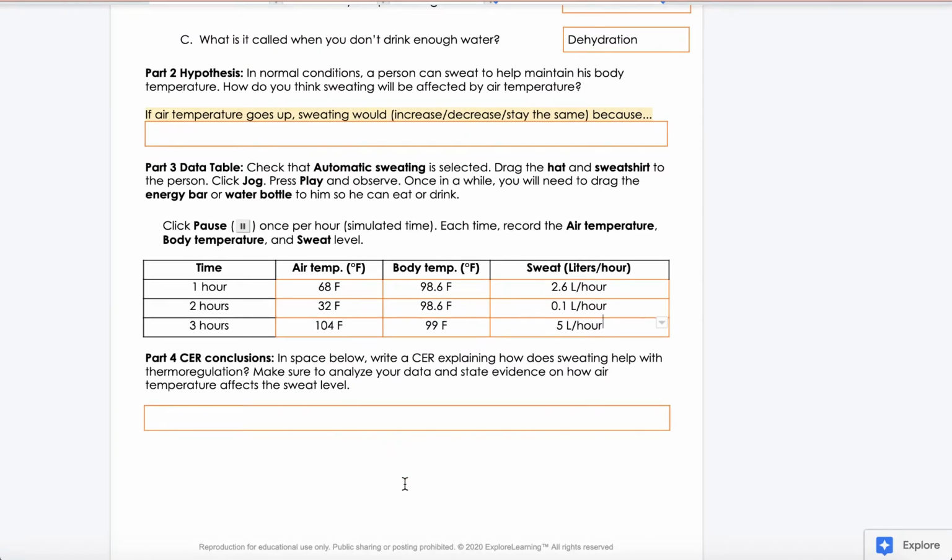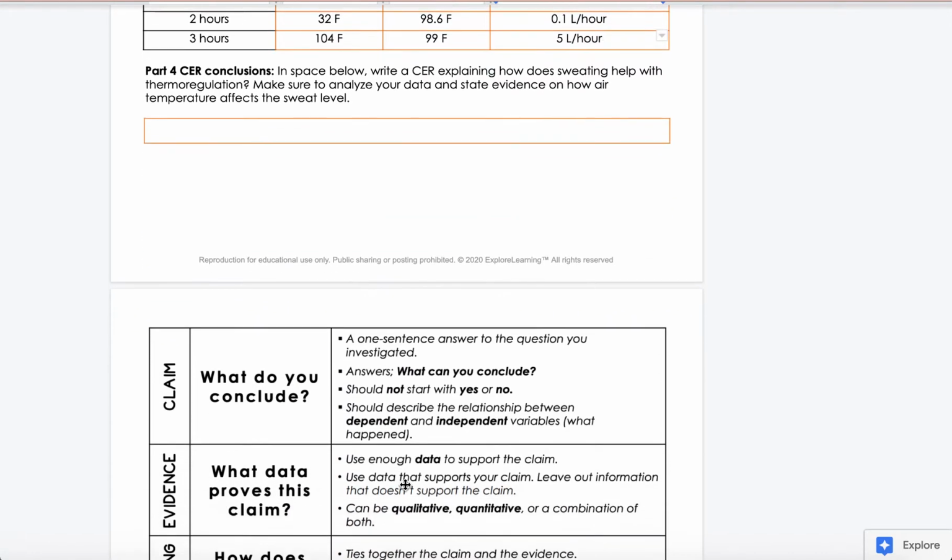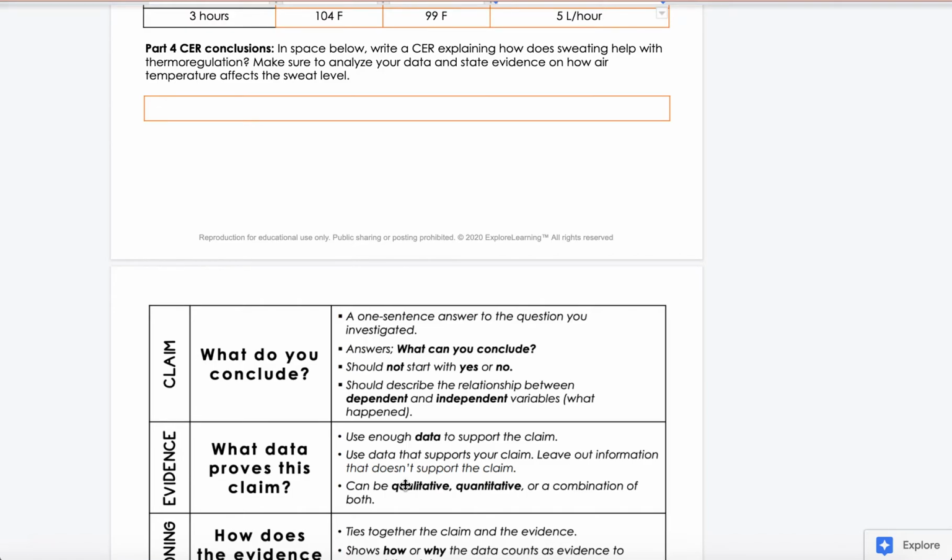For example, you can mention that as air temperature goes up, the amount of sweat goes up. You can also mention that air temperature goes down and the amount of sweat goes down. You might also mention that air temperature goes up and down, but the body temperature stays the same. So there's different claims that you can have for your CER. There is not just one answer only.